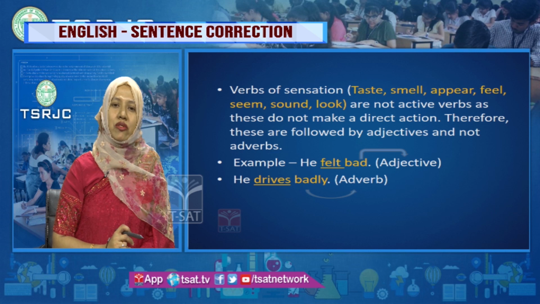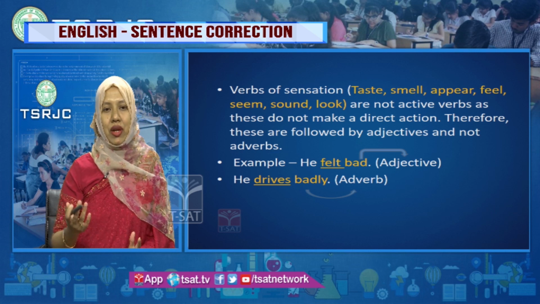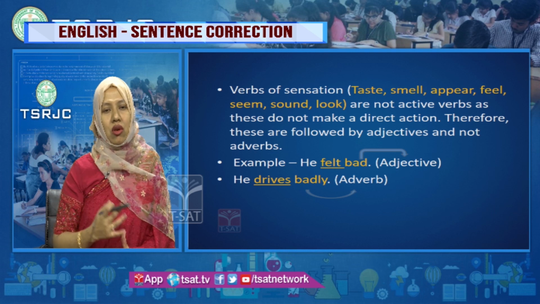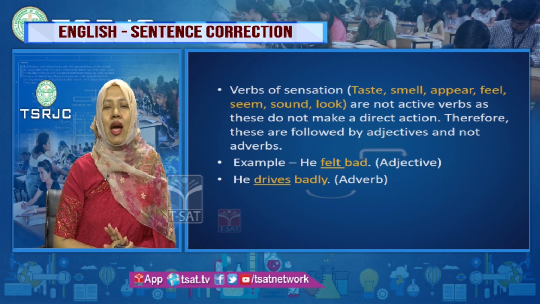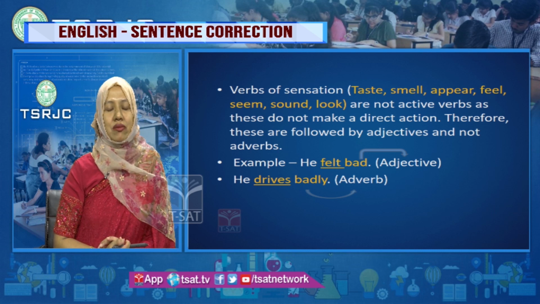Now coming to verbs of sensation like taste, smell, appear, feel, seem, sound or look. We use these words to talk about our sensation. These are not active verbs. They do not make direct action.